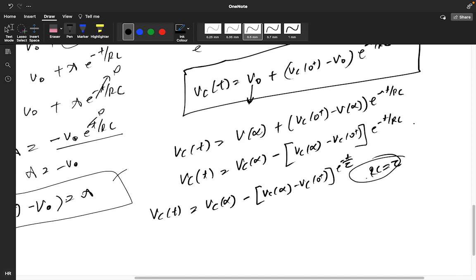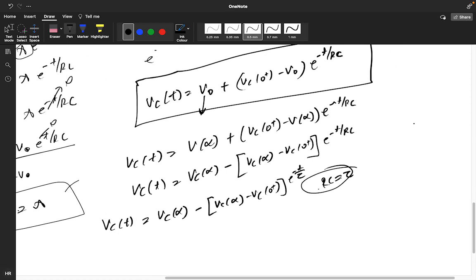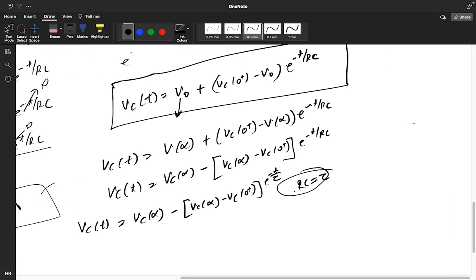Final value means the steady state value it is getting. Like it has to reach 5, so 5 into 63.2 by 100. At what time it is getting 63% of its final value, that is your time constant.